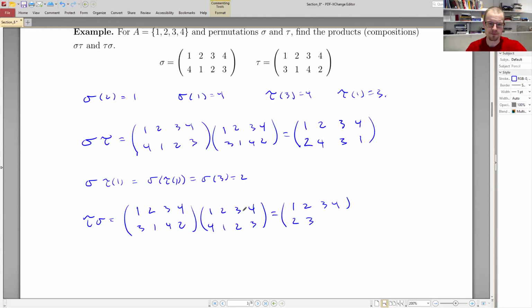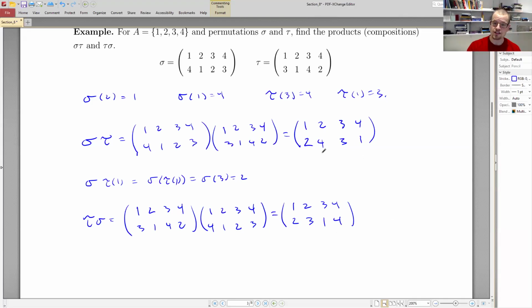What's happening to 3? 3 is being sent to 2, and 2 is being sent to 1. And what's happening to 4? 4 is being sent to 3, and 3 is being sent to 4. Excellent. So this is our new permutation.